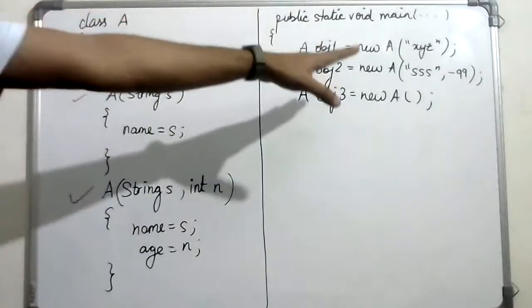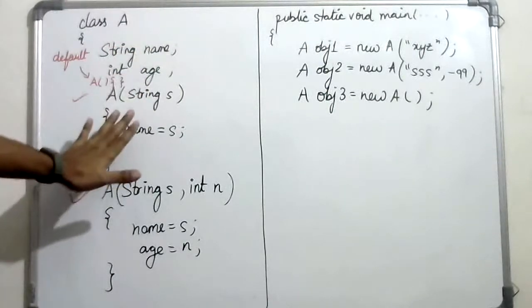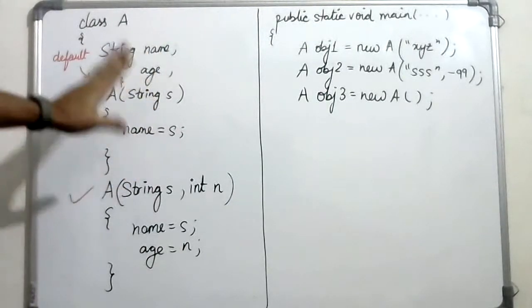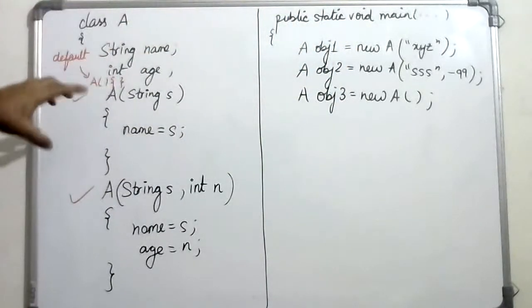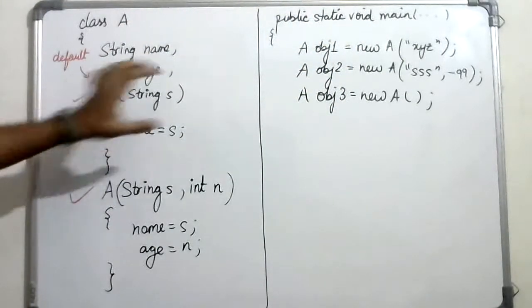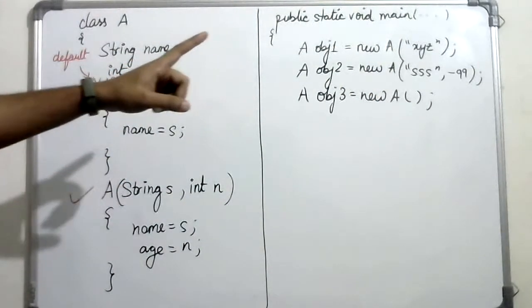So any custom values that you pass are initialized to the corresponding variables. Let's say you are missing one value, but you have the constructor defined. If you do not have a constructor defined that takes one parameter, then it will give you an error.